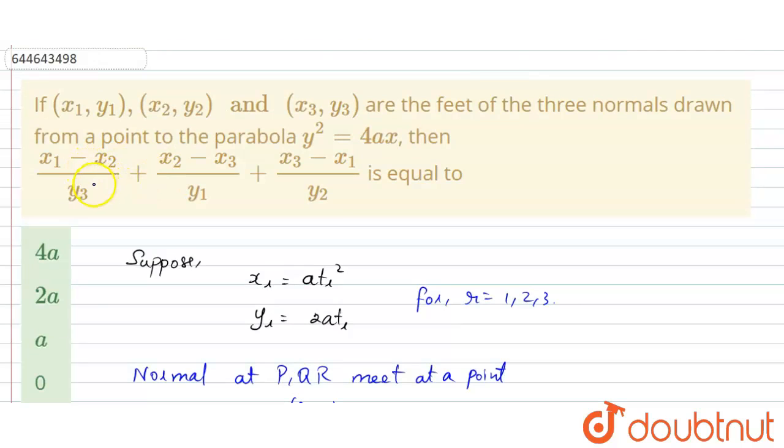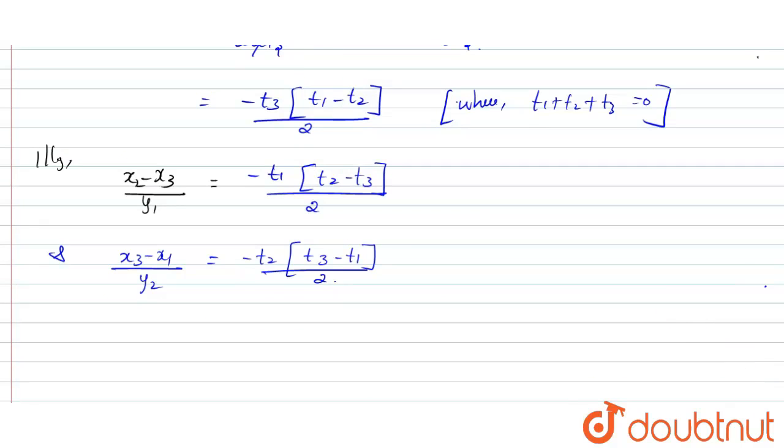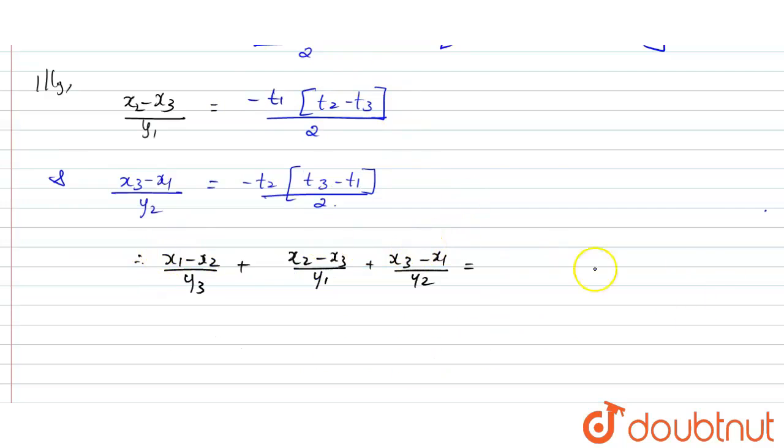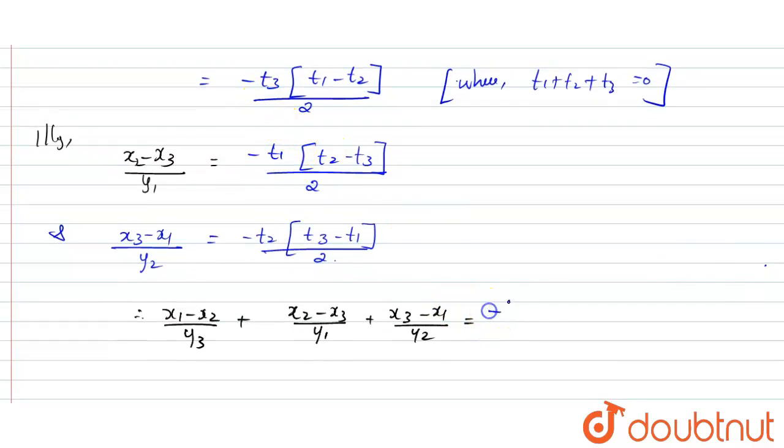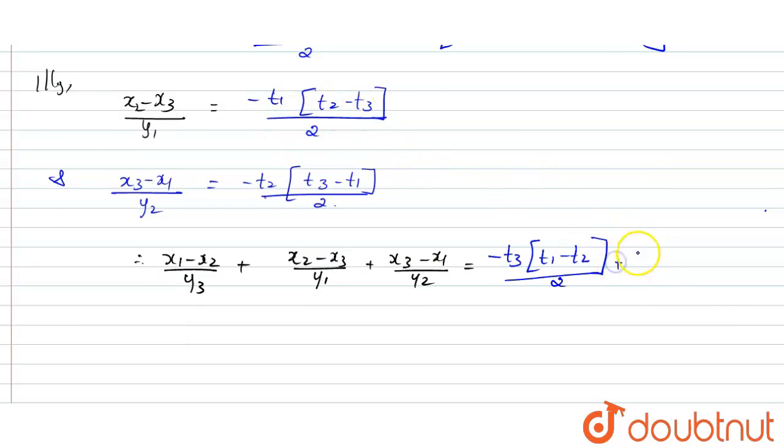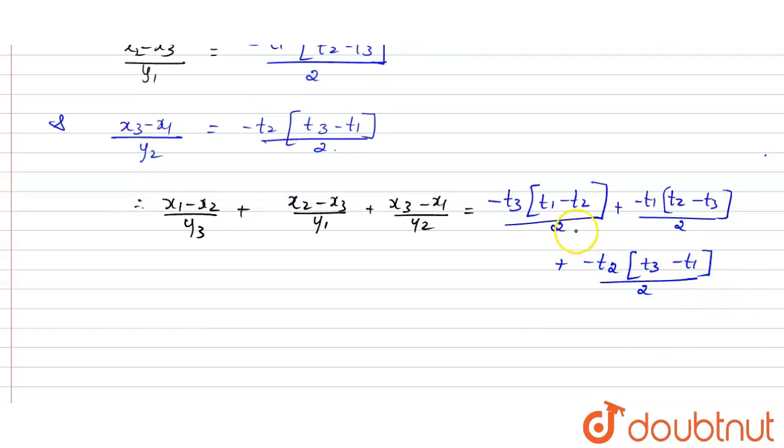Now I'm going to find the sum of all the values. So (x1 minus x2) divided by y3 plus (x2 minus x3) divided by y1 plus (x3 minus x1) divided by y2 equals minus t3(t1 minus t2) divided by 2, plus minus t1(t2 minus t3) divided by 2, plus minus t2(t3 minus t1) divided by 2.